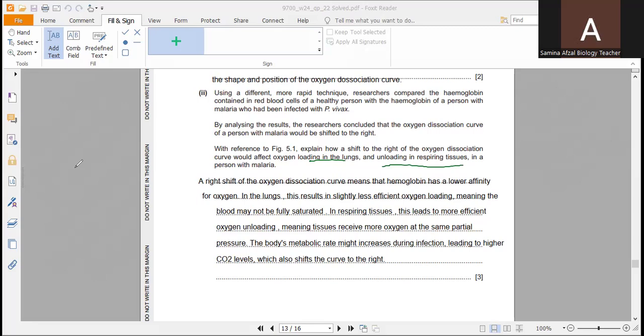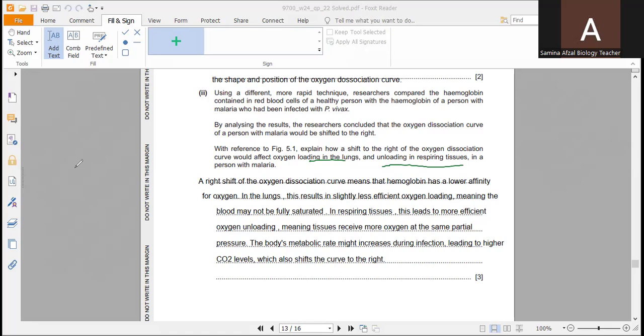So, the question which we are going to discuss is: the researchers found the oxygen dissociation curve of someone with malaria is shifted to the right compared to a healthy person. So we need to explain the implications of this shift. The key concept in this case is the right shift of the oxygen dissociation curve.